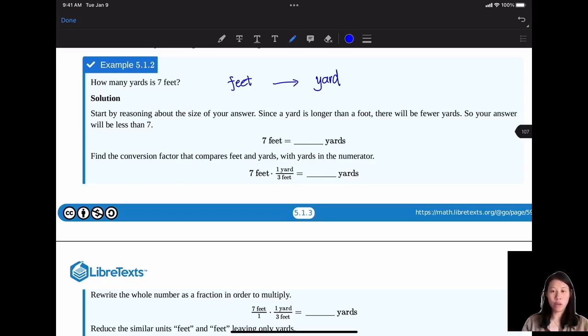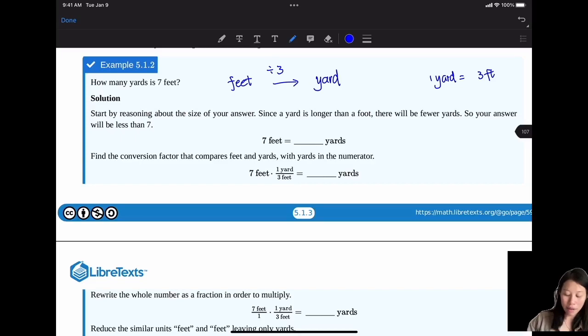From a smaller unit to a larger unit, what do you want to do? You want to divide by the conversion factor. What is the conversion factor? We know that 1 yard equals 3 feet, so the conversion factor is 3.